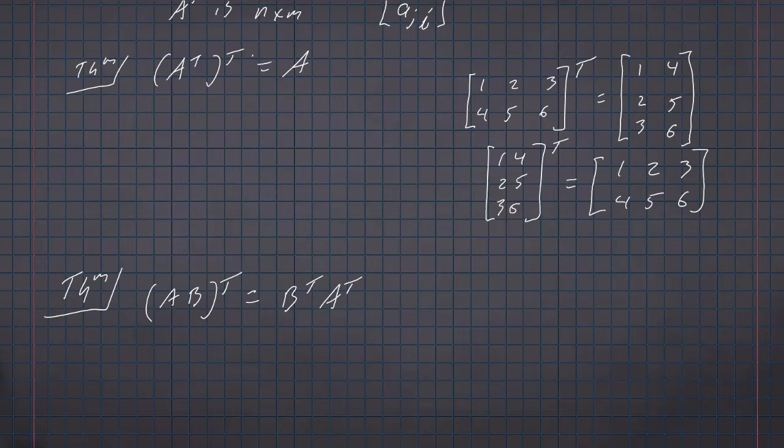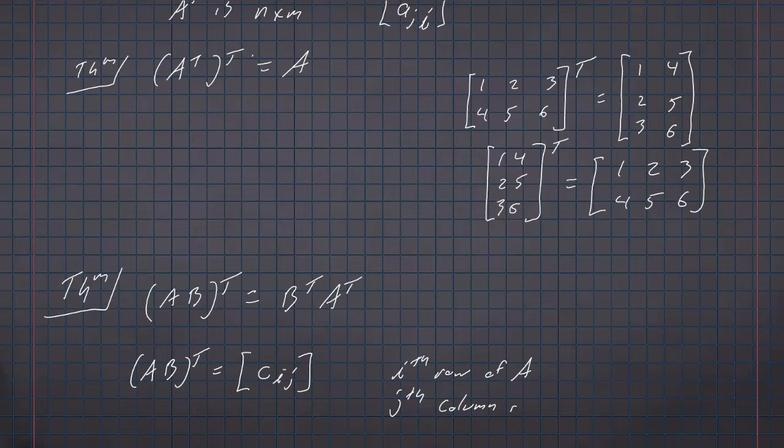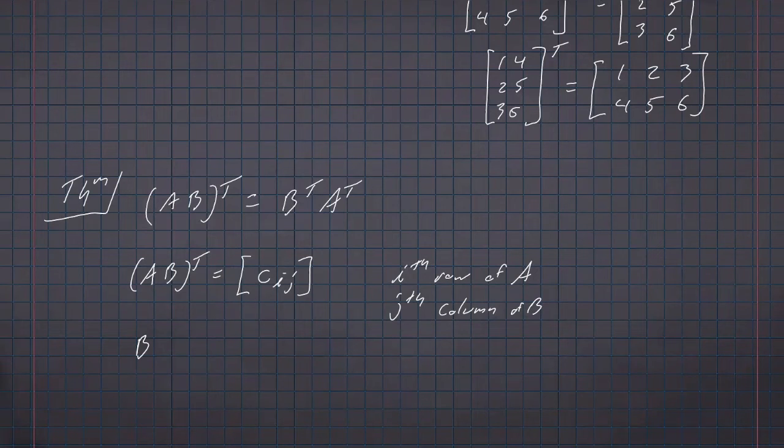Right? If we call this AB transpose Cij, then the entry comes from multiplying the ith row of A with the jth column of B. And if we take B transpose times A transpose and try to call that Dij, I'm sorry, I wrote down too much over here.